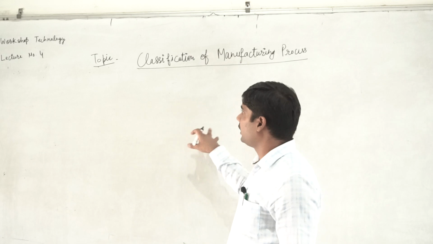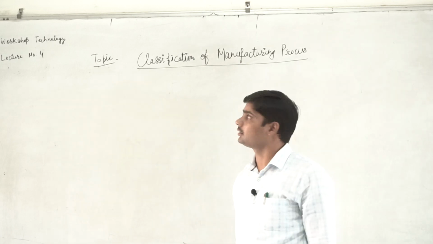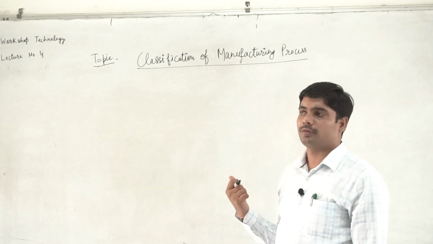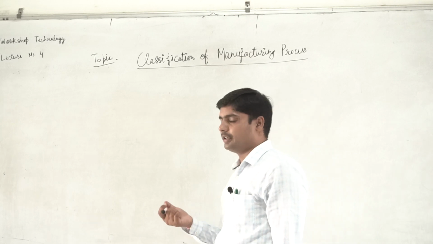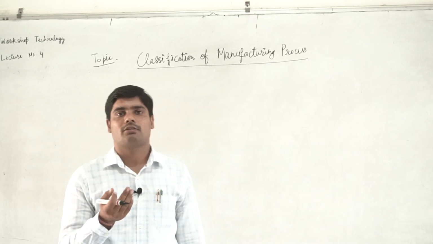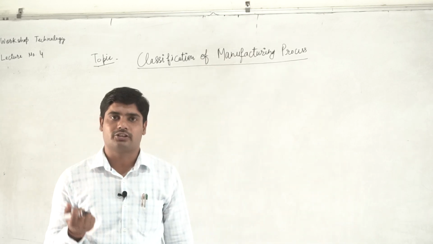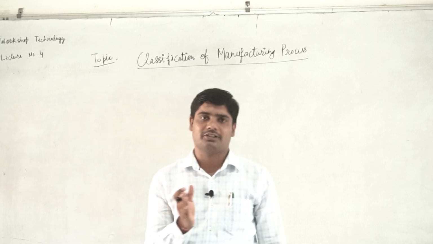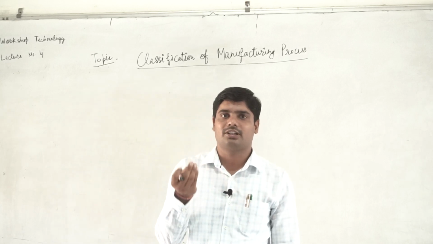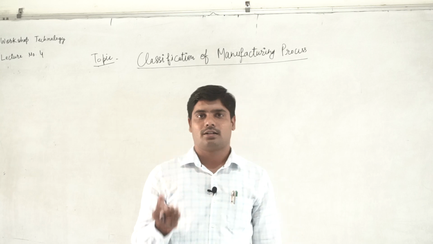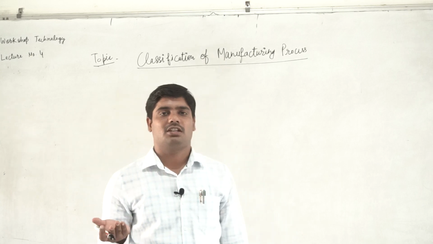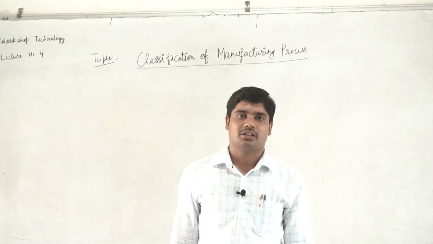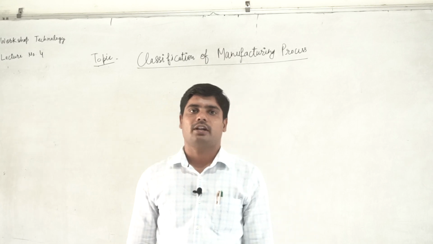Now again I am with my fourth lecture, that is classification of manufacturing process. In our previous lecture we have learned what the manufacturing process is and the basic manufacturing processes. These are the basic operations: metal cutting, metal machining, metal casting, metal forming and welding.